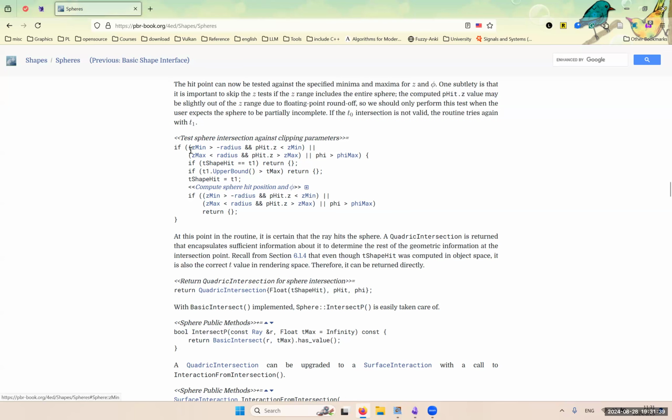So we only do the test if the min is greater than the negative radius, and same for the max. So it does not cover the whole sphere, and then we test whether the hit is less than those. And we also test phi.